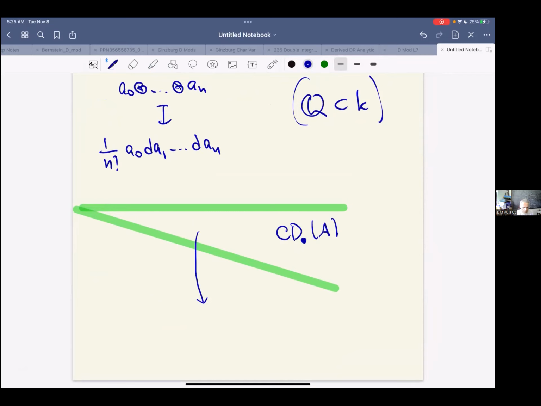We had a paper together. So there is this extended HKR from this complex to what?